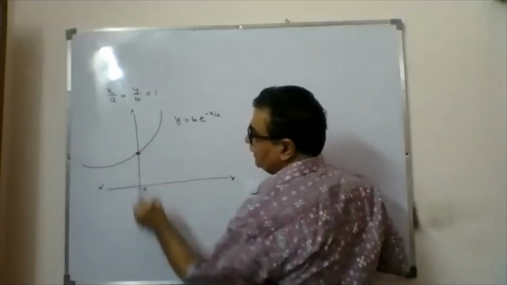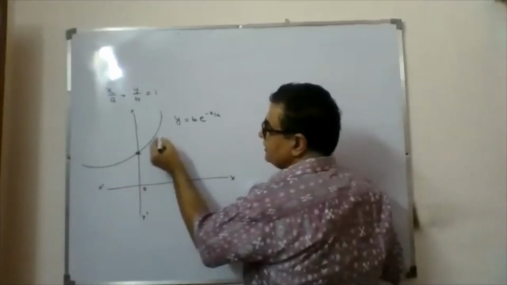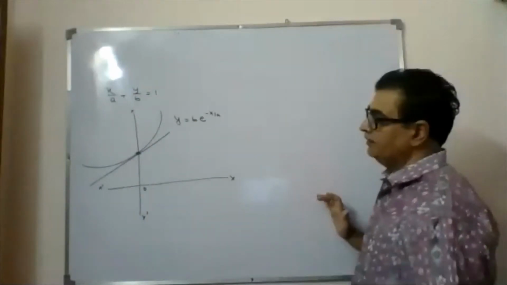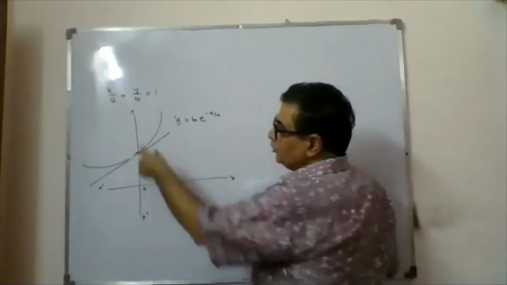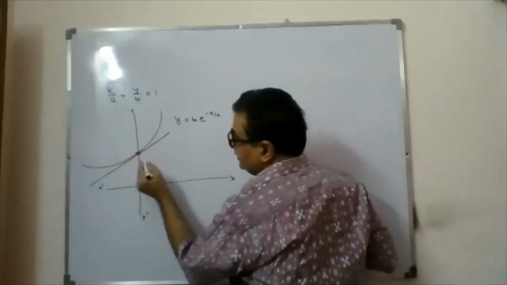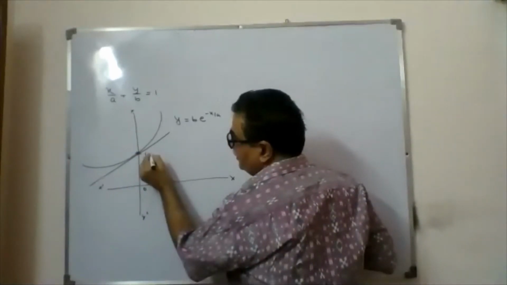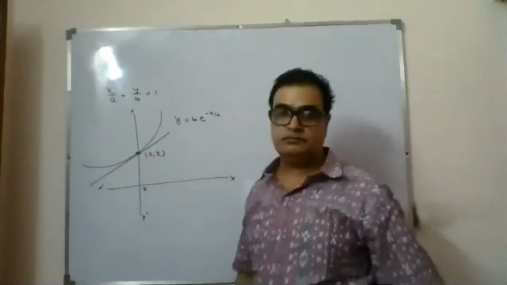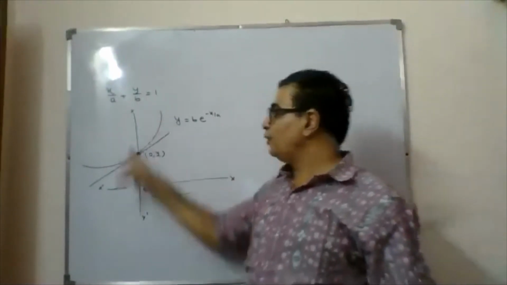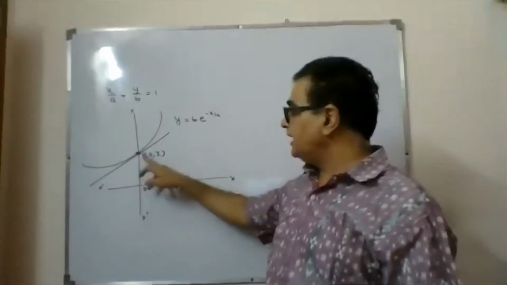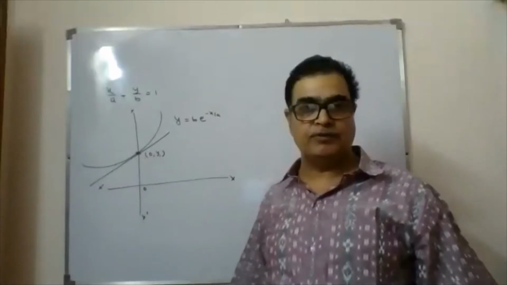This is the point where you want the tangent, and the tangent that comes should be this line, which you have to prove. First thing is clear that it will cut the y-axis at some place. If it is cutting on the y-axis, that means the coordinates here will be 0, y1. As this point is on the y-axis, this coordinate will be 0, y1.